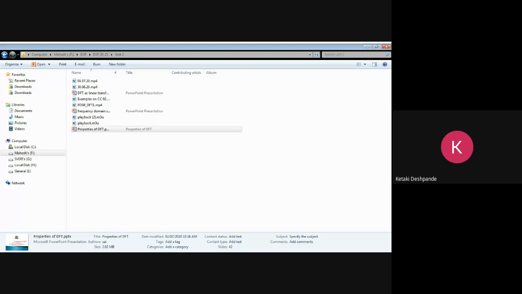Maybe the answer is given wrongly here. So let me check. 16 minus j2 plus 4 plus j2. Okay, it's 20, we are getting the first part.